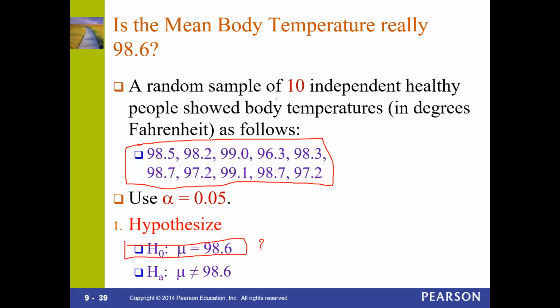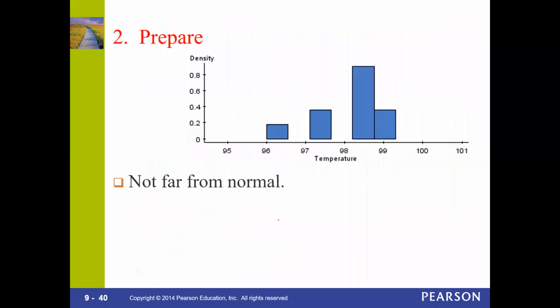Okay, so they select 10 people. When I use StatCrunch, I know this is close to normal.